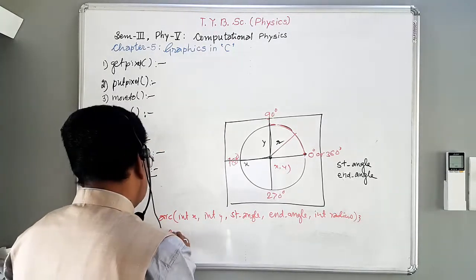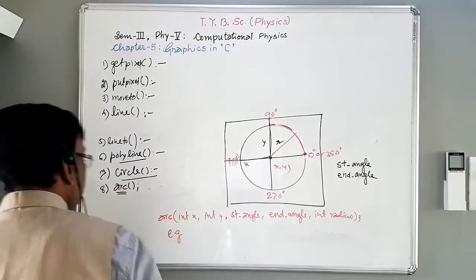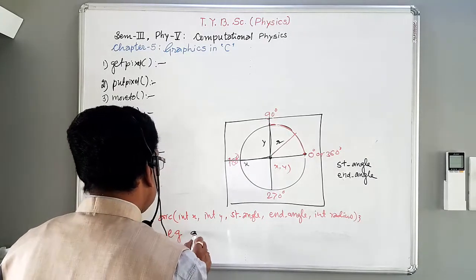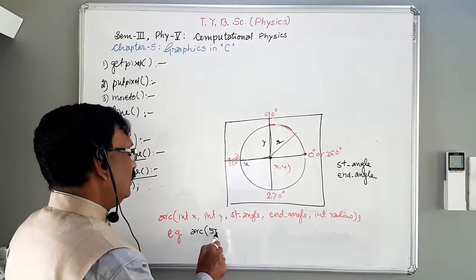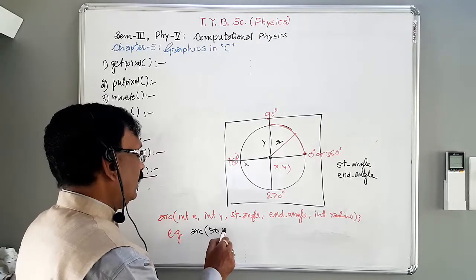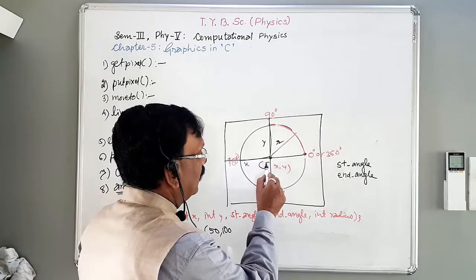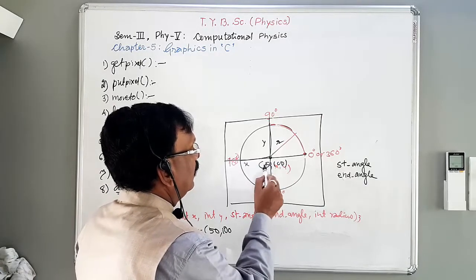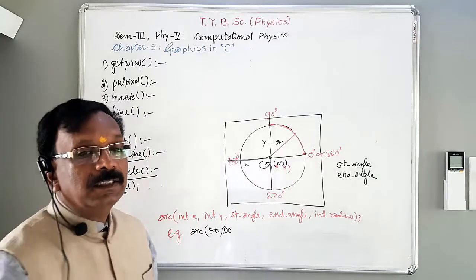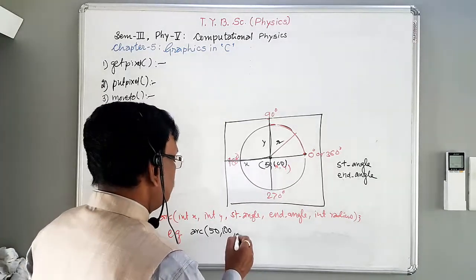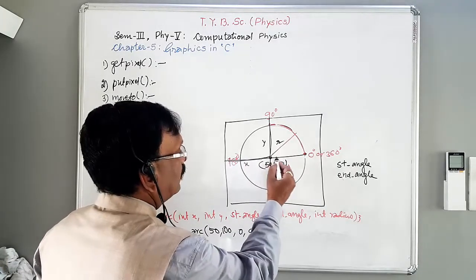For example, arc is the keyword, then 50 is the x coordinate, 100 is the y coordinate, that is, the center of the arc is 50 and 100, and 0 is the starting angle and 90 is the ending angle.